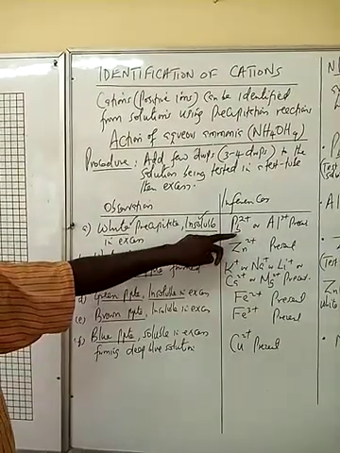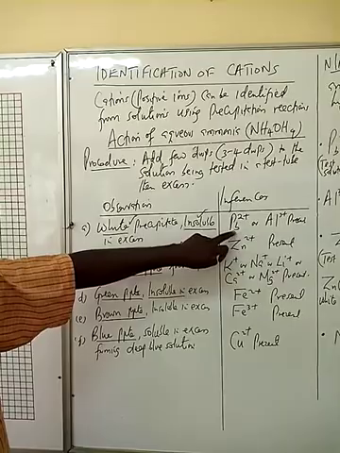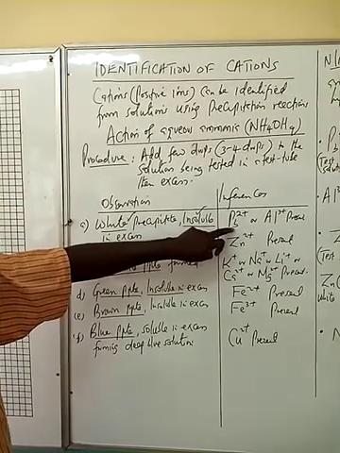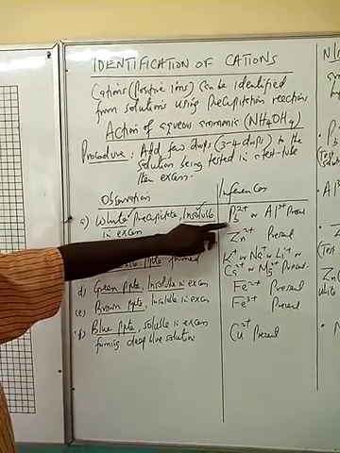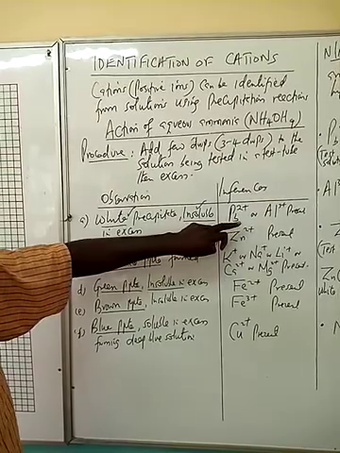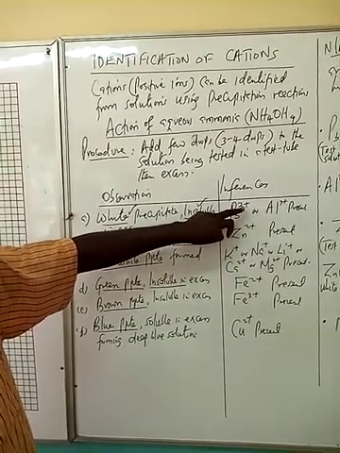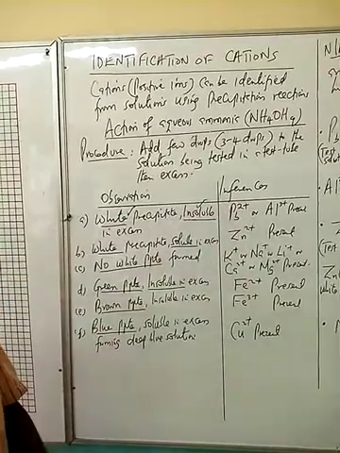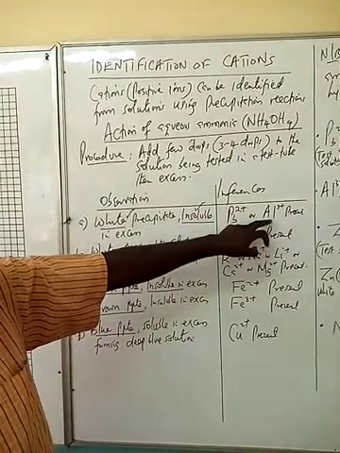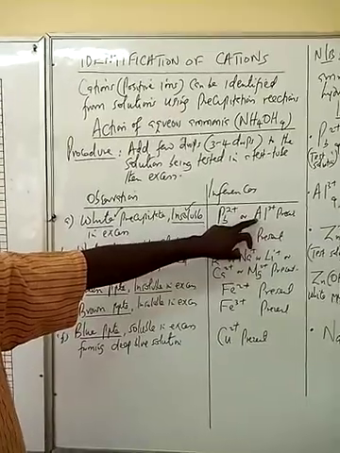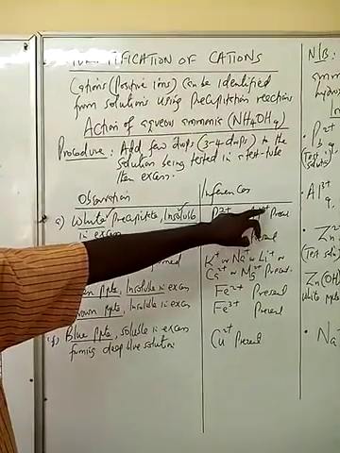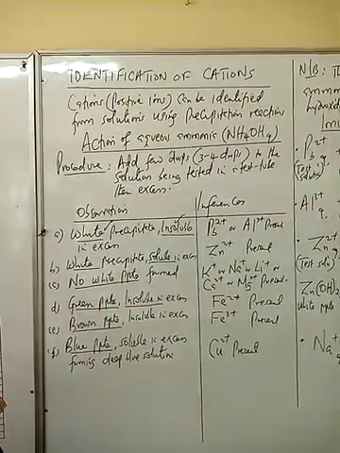Look at the spelling for lead-2. The ions must be written properly: capital P, small b, and the charge is 2 positive. The same for aluminium: capital A, small l, and the charge is 3 positive.